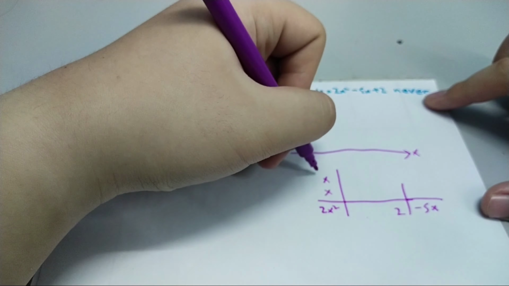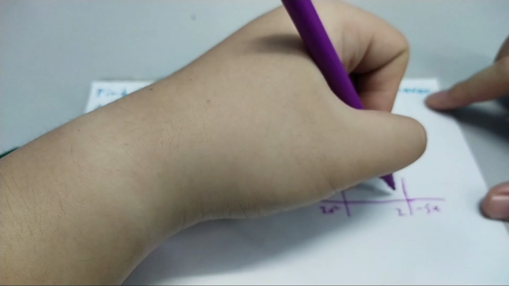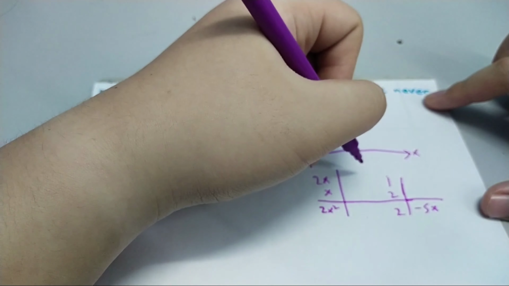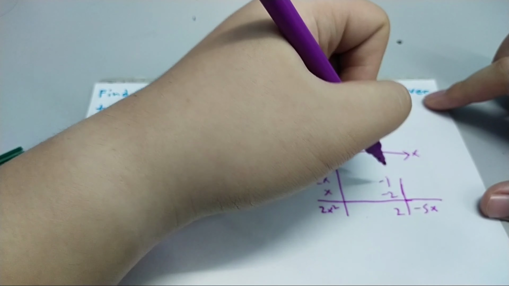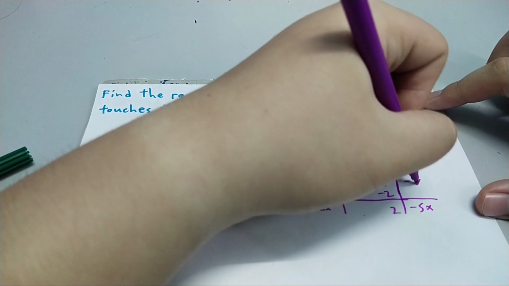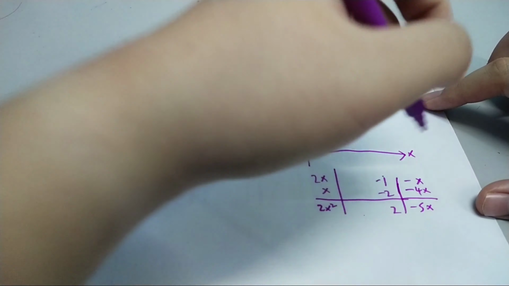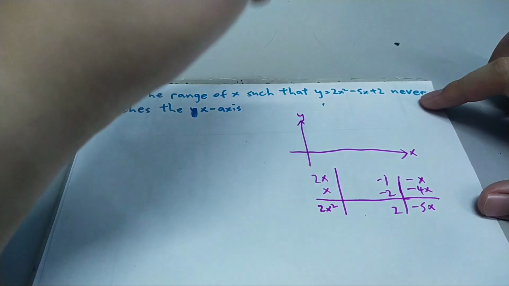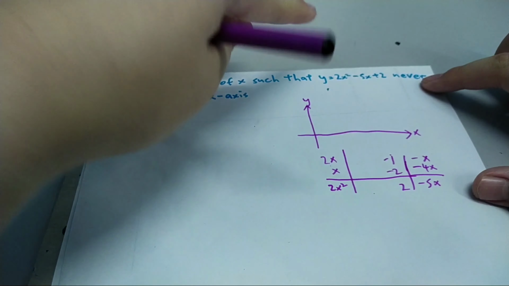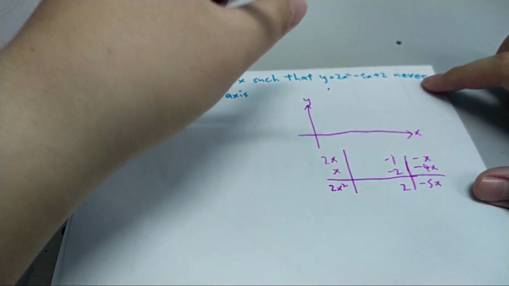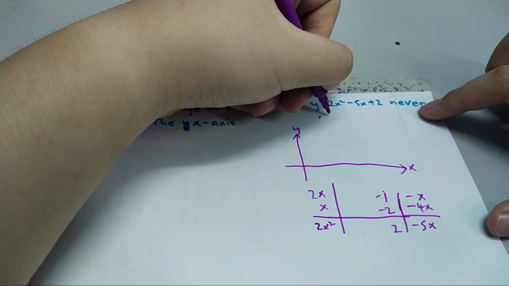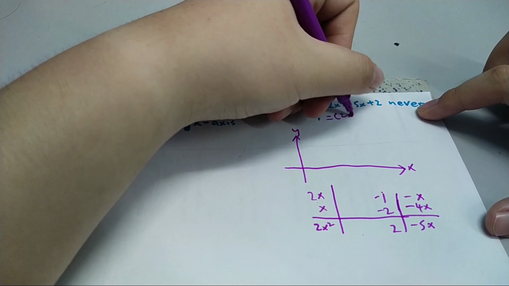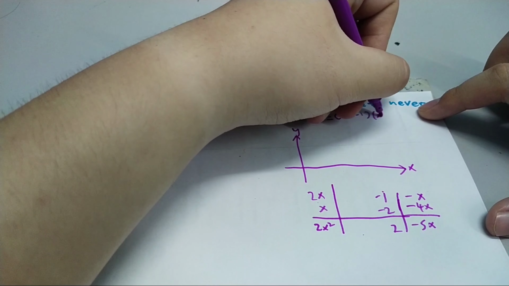So x and 2x, 2 and 1, and negative x and negative 4x, which leads to negative 5x, which means this is factorizable. So this is equal to 2x minus 1 times x minus 2.